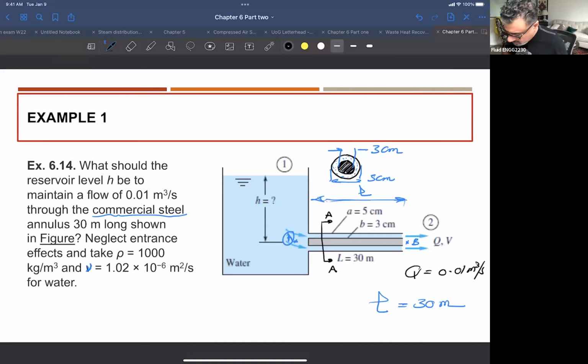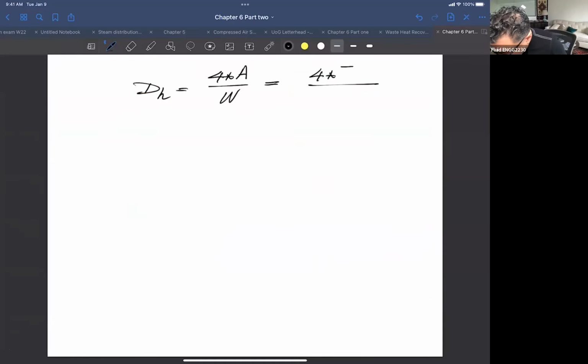That's correct. So it's pi over 4 times the big diameter 0.05 squared minus 0.03 squared. So this will be the flow area, the cross section of the flow area.